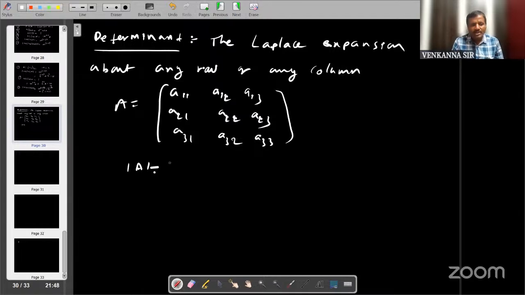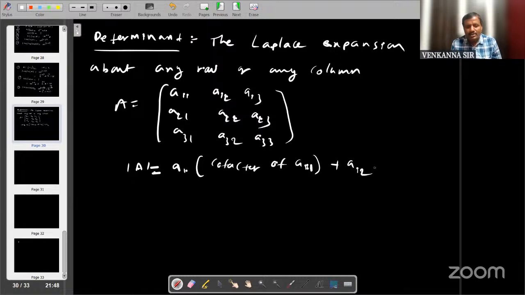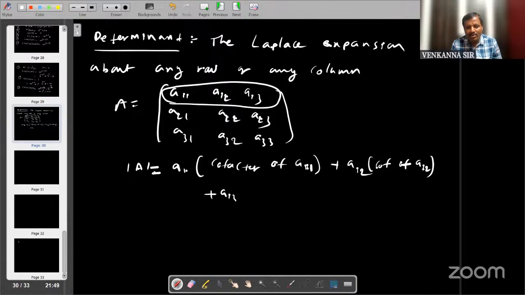Determinant is equal to A11 into cofactor of A11, see, I am expanding the determinant for the first row, plus A12 into cofactor of A12 plus A13 into cofactor of A13.